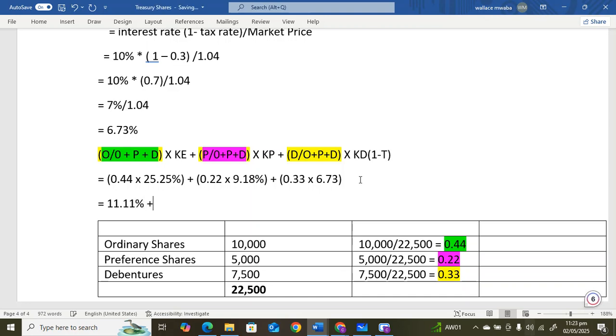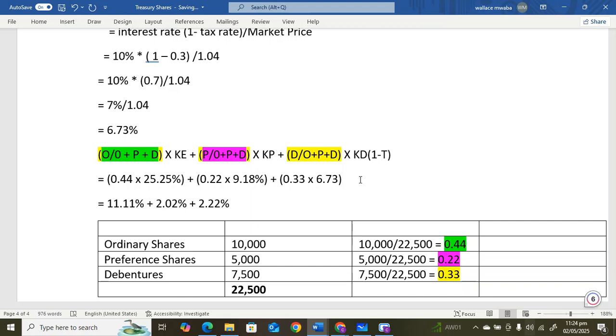Then for preference shares, 0.22 times 9.18, we'll round it to 2.02%, plus 0.33 times 6.73, which is 2.22.